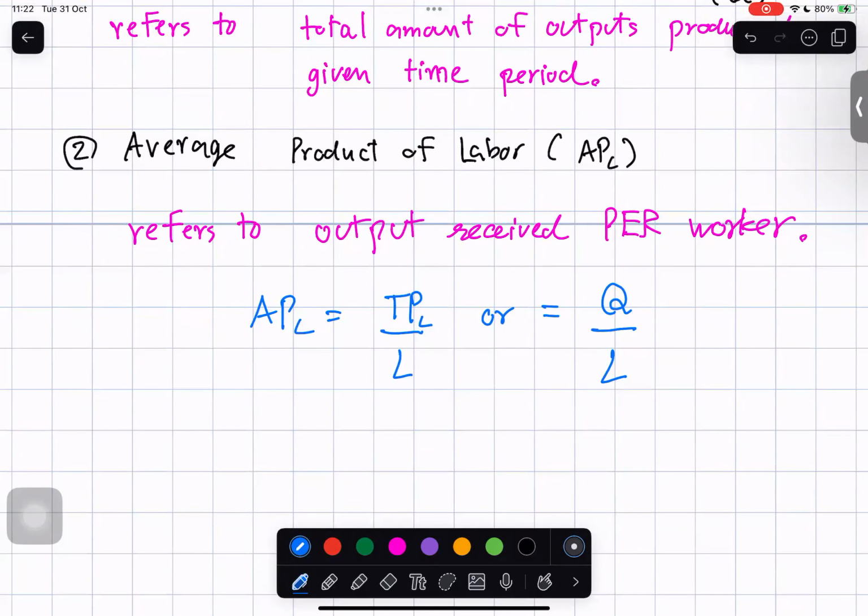How to compute this? We just put the number of cookies obtained first, divided by the number of workers that we use, Q divided by L, or total product divided by L.